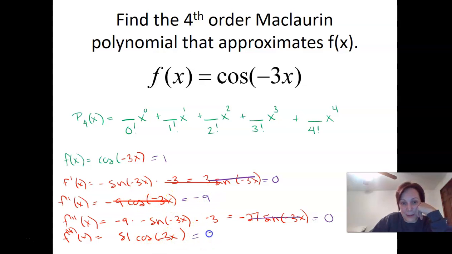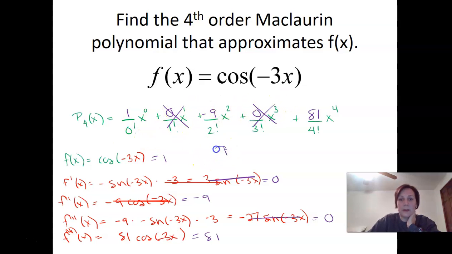This is going to give me an 81. So when I plug my numbers in, you'll notice we were correct in our assumption that the odd terms would go away. But notice that my coefficients are a little bit different now because there was a chain rule. So again, this one is a 0 and this one is a 0.